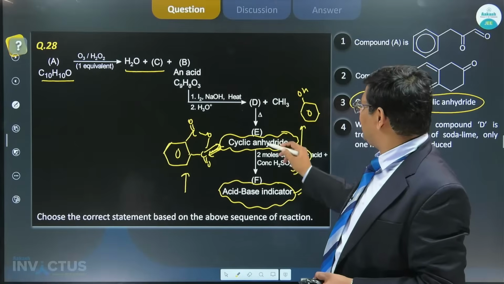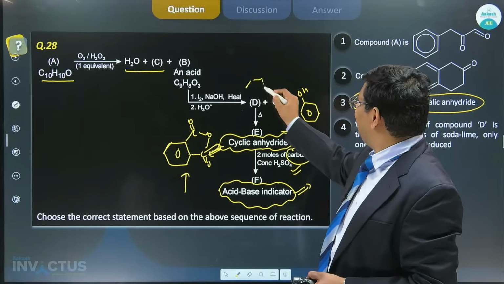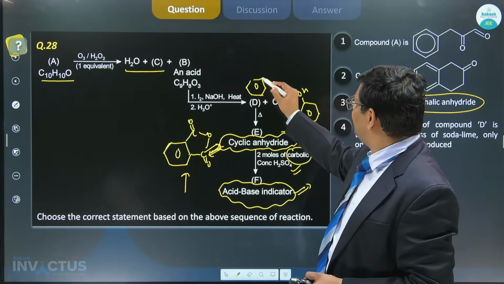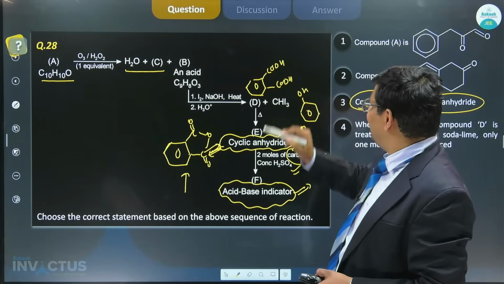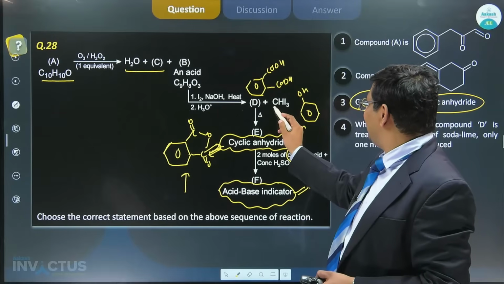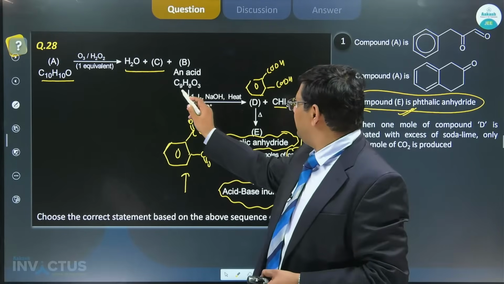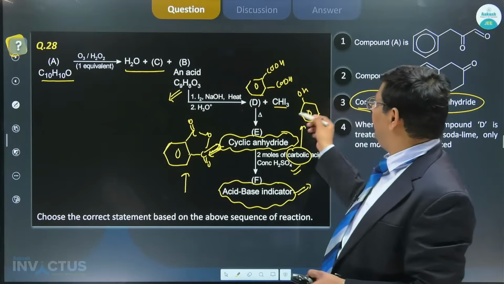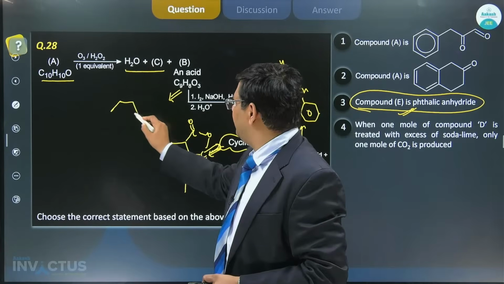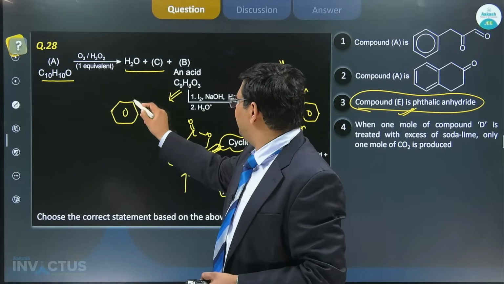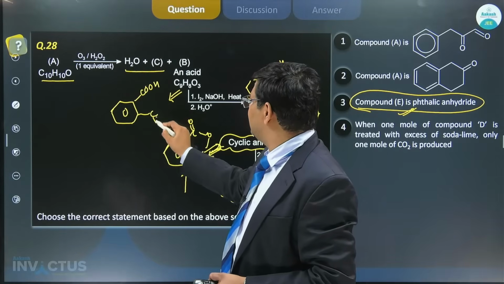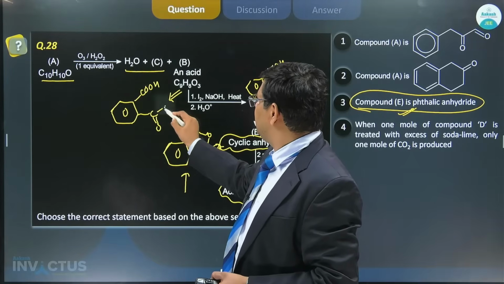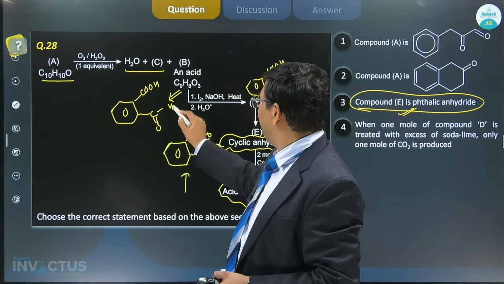It means it has to be a phthalic acid. If it is phthalic acid and it is producing CHI3, it means this compound definitely gives the iodoform test. So if it is giving the iodoform test and you are getting a carboxylic group also, it means this compound contains a COCH3 group also, a methyl ketone group.